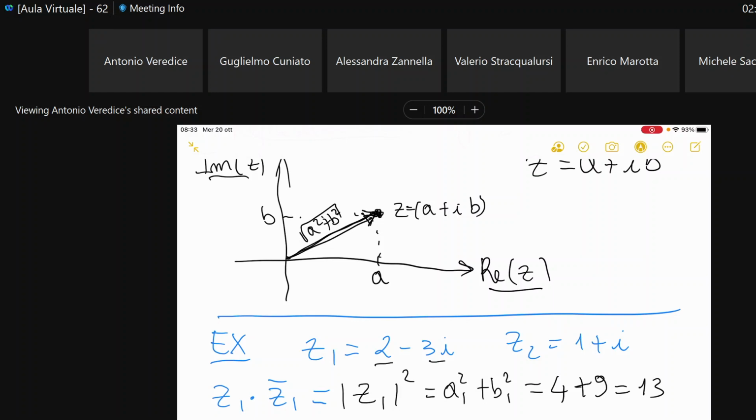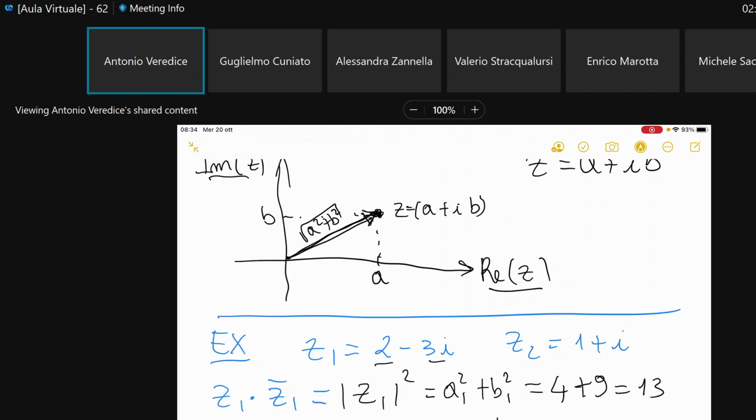What about the second one? It is 2 minus 3i, so Z1, times the conjugate of Z2. Since Z2 is 1 plus i, its conjugate turns out to be 1 minus i. Okay? And you can compute the product: 2 minus 3, so negative 1.